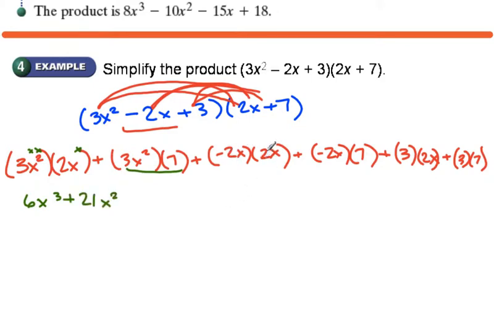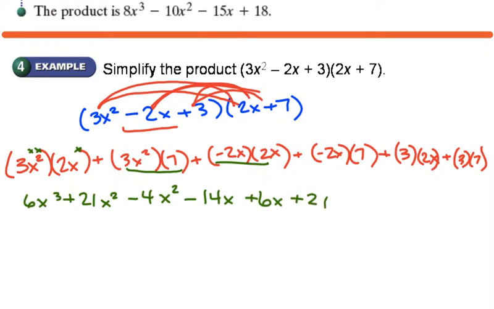Negative 2 times 2 is negative 4. X times x is x squared. That one's done. Negative 2x times 7 is negative 14x, because negative 2 times 7 is negative 14, and just that simple x. 3 times 2x is 6x. 3 times 7 is 21.